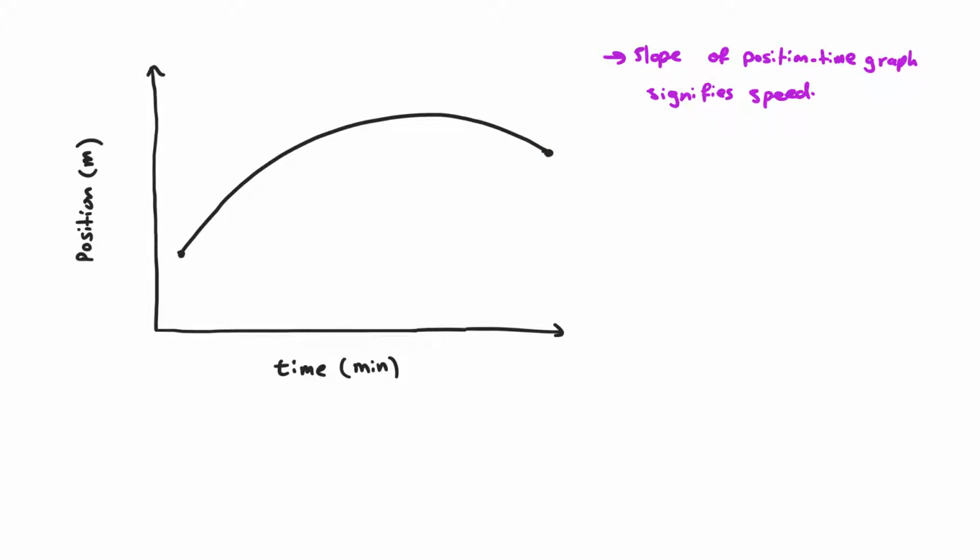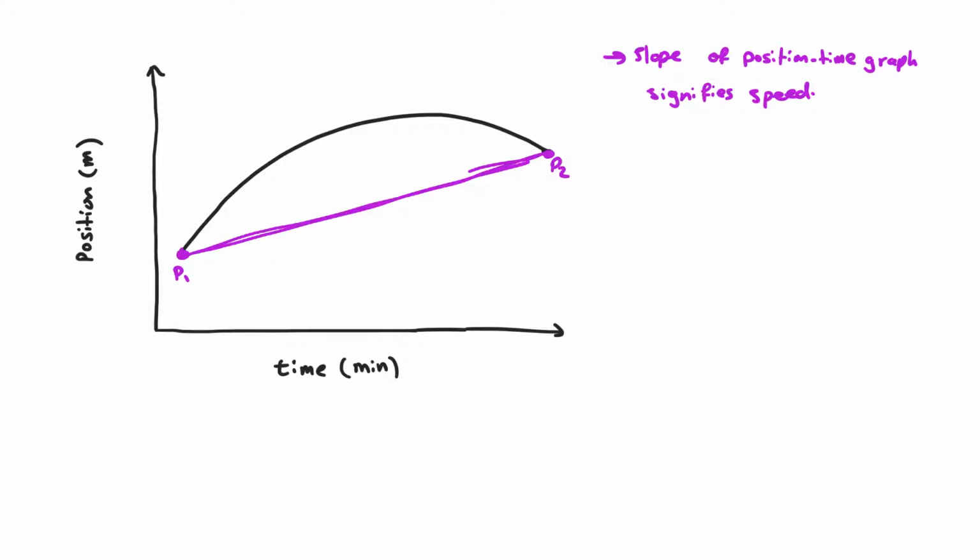I'm going to take this point and this point, and to find the slope I have to draw a straight line. The slope of this line, or how steep this is, will signify on average how fast I went between point 1 and point 2.